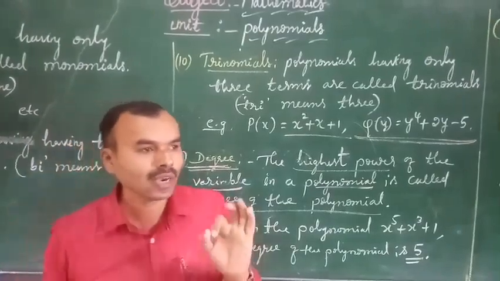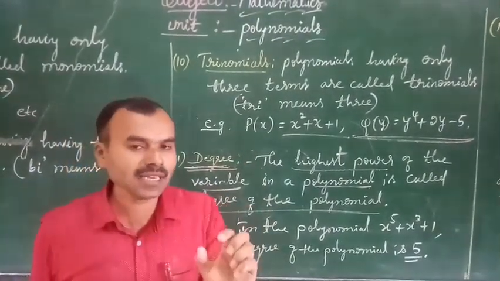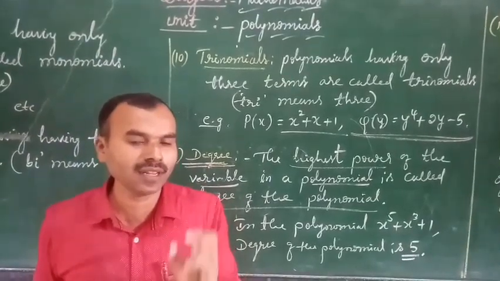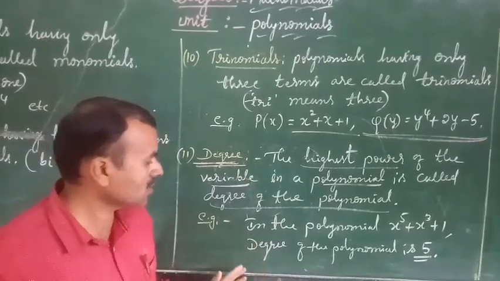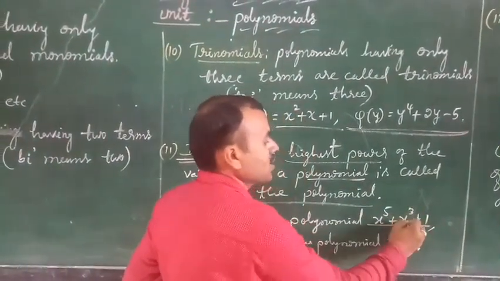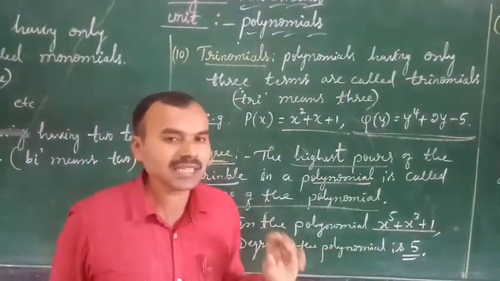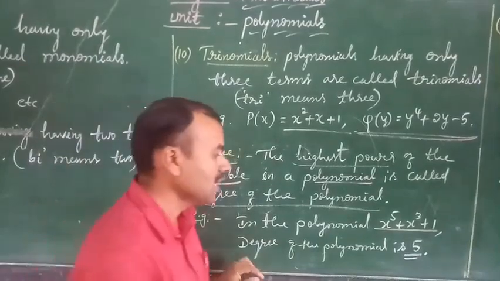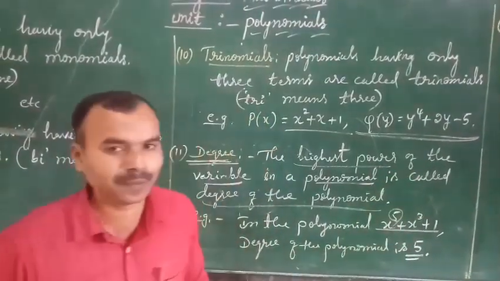Repeat once again, what is degree? In any polynomial, the highest power of the variable is called degree of the polynomial. For example, in the polynomial x to the power of 5 plus x cube plus 1, the degree of the polynomial is 5 because the highest power of the variable x is 5.